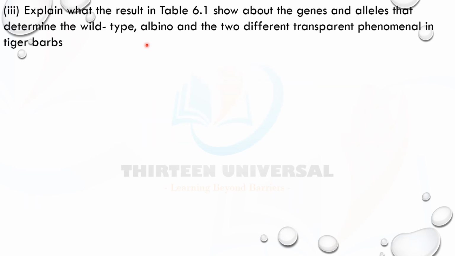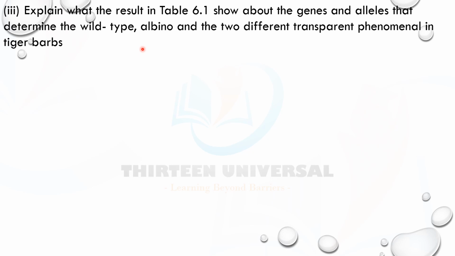Explain what the results in table 6.1 show about the genes and alleles that determine the wild type, albino, and the two different transparent phenotypes. The wild type alleles are dominant, while albino and transparent are recessive. It shows that two genes are involved, and they are not linked and not sex linked.